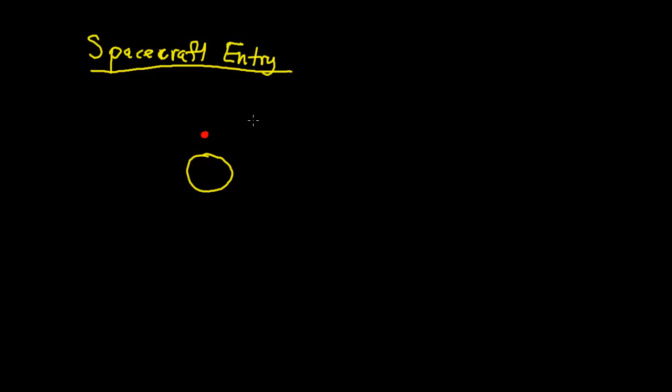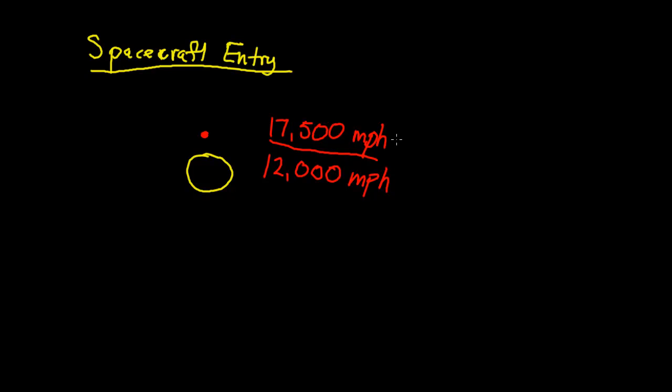Things like in low Earth orbit, for example, typically move on the order of 17,500 miles per hour to say 12,000 miles per hour. Now that's really, really fast. So like the 17,500 miles per hour means you could cross the United States in about 9 minutes or so.